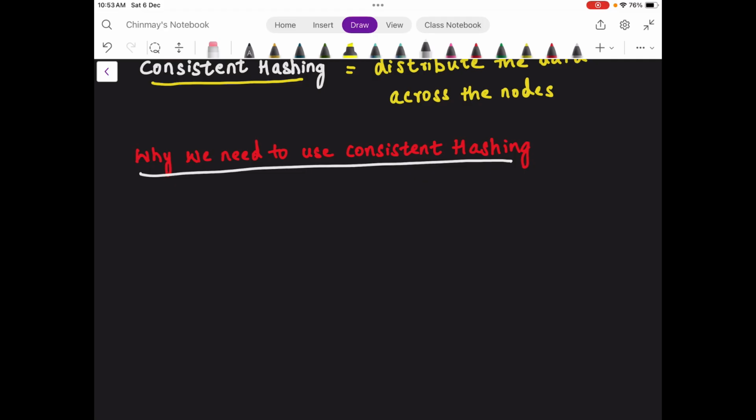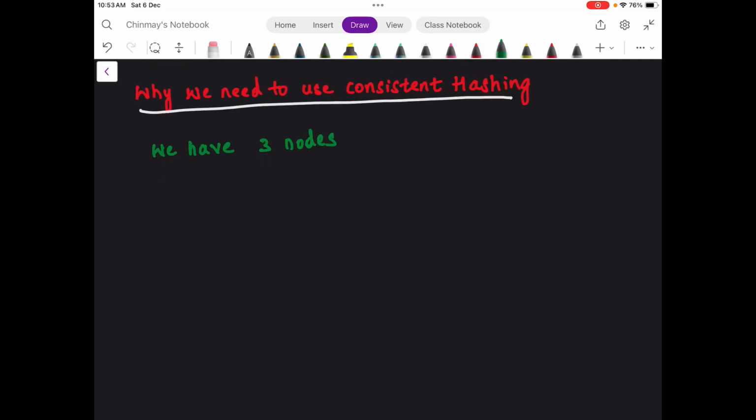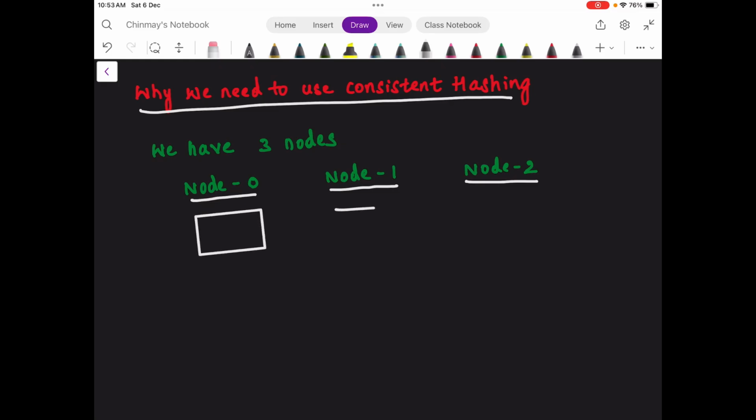For example, we have three nodes: node 0, node 1 and node 2. Okay, we have three nodes.